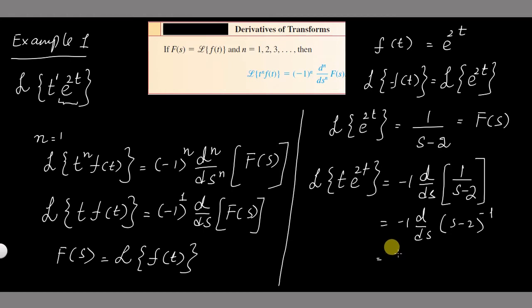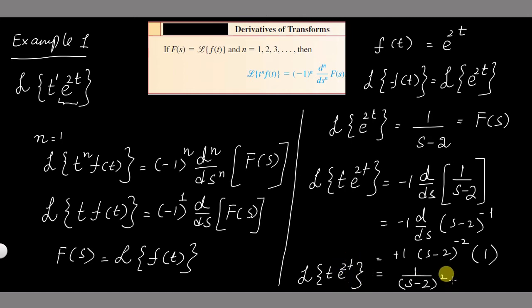So it will become positive 1 over s minus 2 raised to the power minus 2, times the derivative of the internal function, which is 1. So finally the answer will be 1 over s minus 2 whole square. So the answer of this particular question using the derivative of transform will be this one.